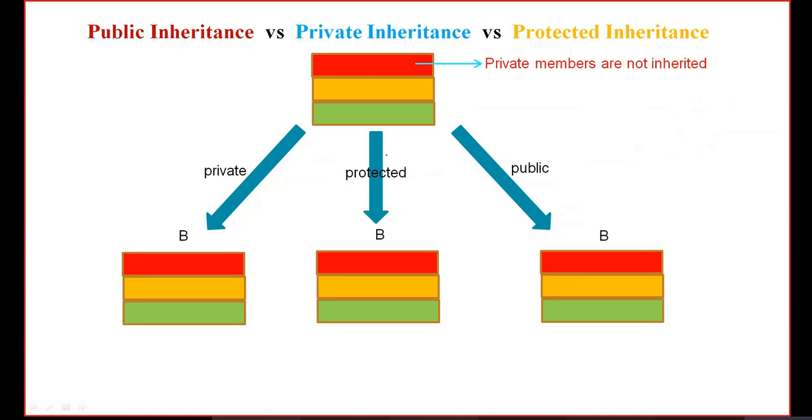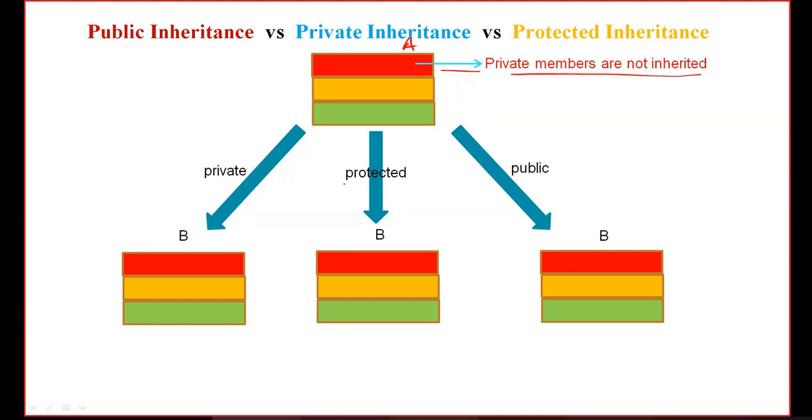Whether it is private, protected, or public, no matter what inheritance it is, private members will not be inherited in the derived class. So private members of the base class A will remain private no matter what the type of inheritance is.